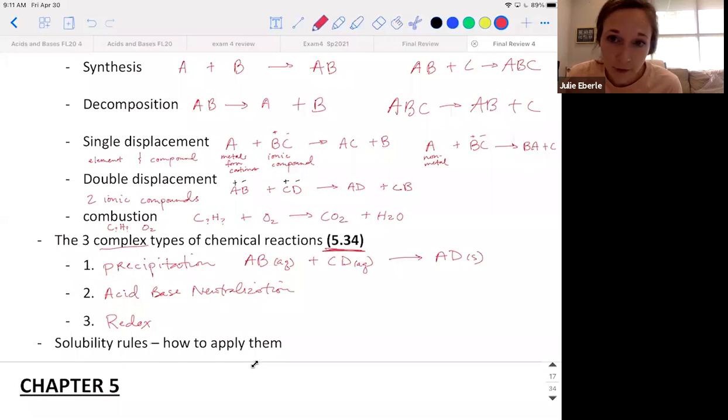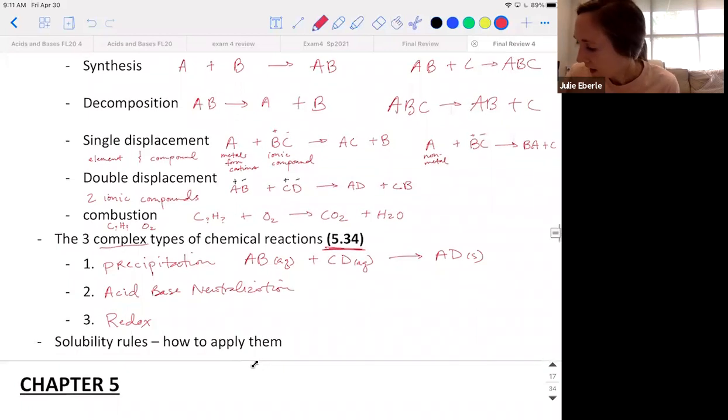S does not stand for soluble here, it stands for a solid. That is your precipitate. And then you get CB, right? And that one is still aqueous. Rarely do you form products where they're both insoluble. Usually just one. We say it falls out of solution. All of a sudden you see the precipitate.